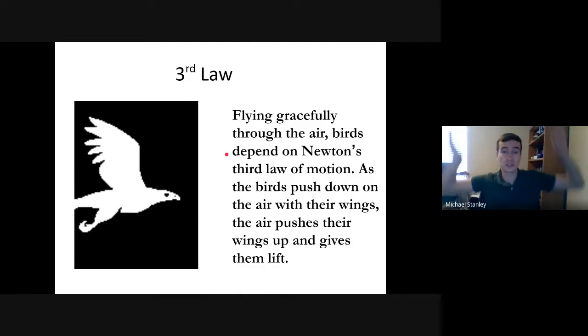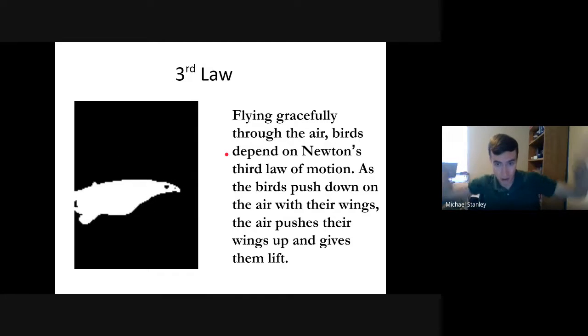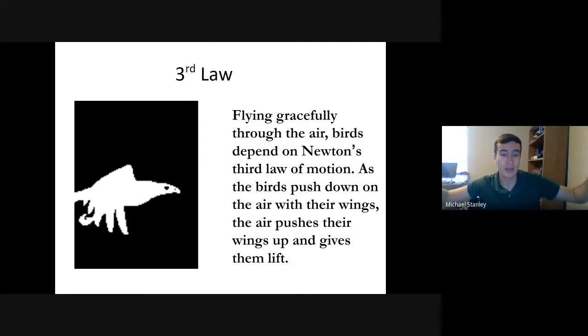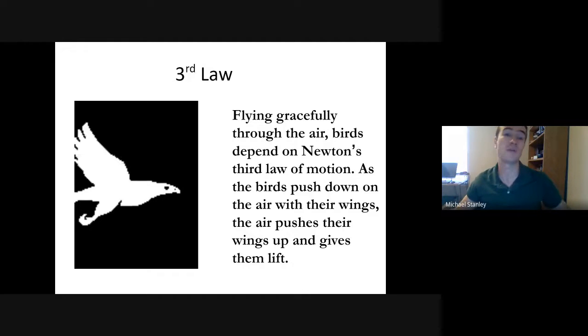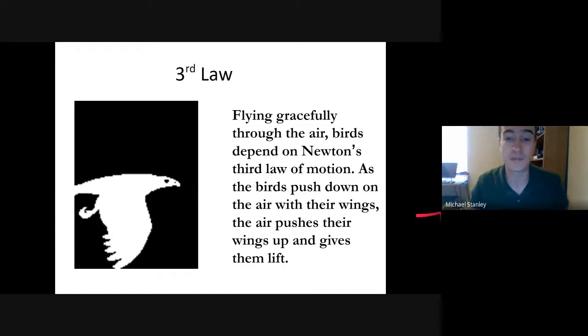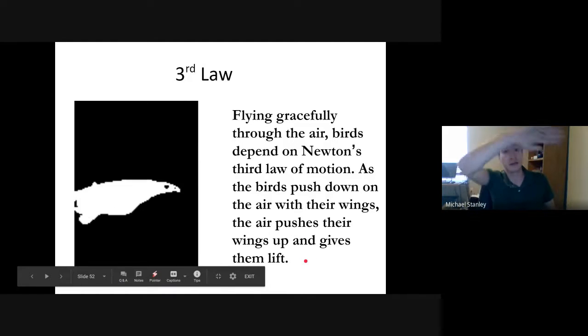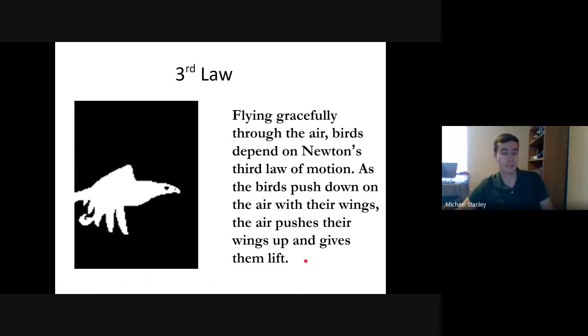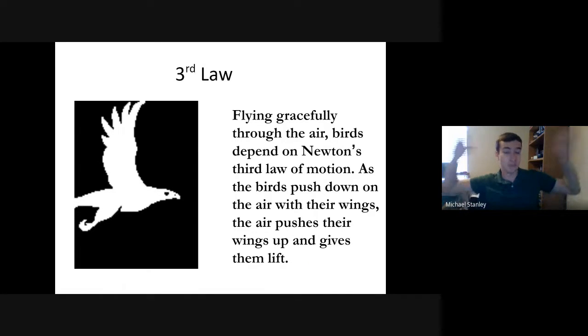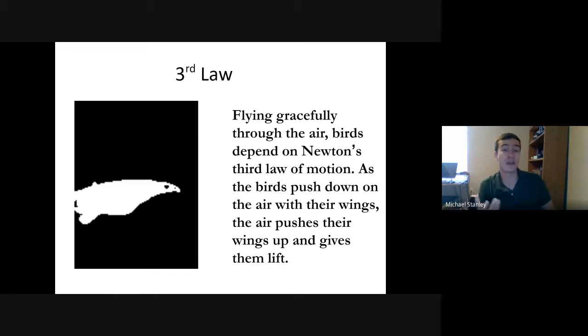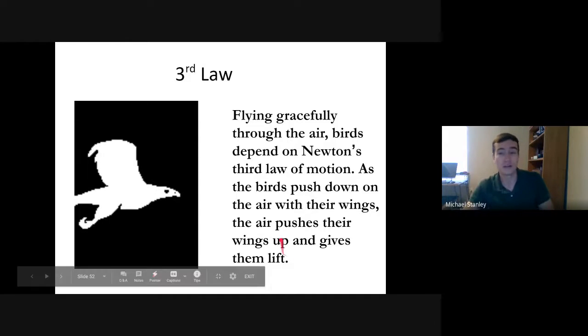Because as the birds push down on the air with their wings, the air pushes up on their wings and body, and that's what gives them their lift, their ability to fly through the air. Their wings are pushing on the air, so the air pushes back on the wings.